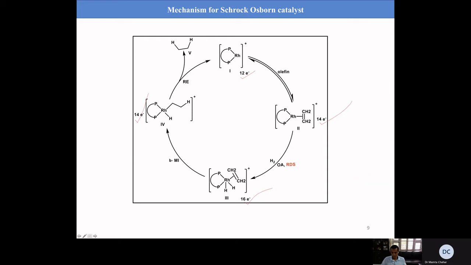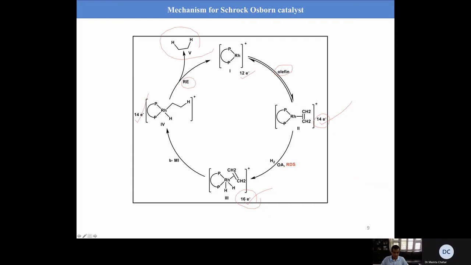So olefin coordination increases the electron counting from 12 to 14. From 14 to 16, olefin binding again increases the ligand count, and then 16 to 14 happens pretty effectively due to the beta migratory insertion, and then reductive elimination gives the product formation.